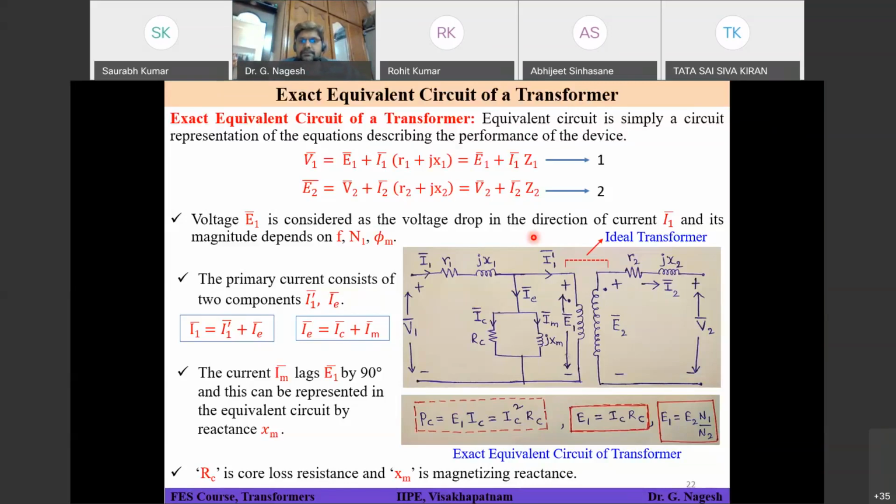Only thing is, the objective is to make the circuit at own voltage level. That is our objective. Whether you are transferring from lower voltage to higher voltage or higher voltage to lower voltage, it's up to you. The reason for transferring is I want a complete equivalent circuit at own voltage level. That's why I'm doing this.